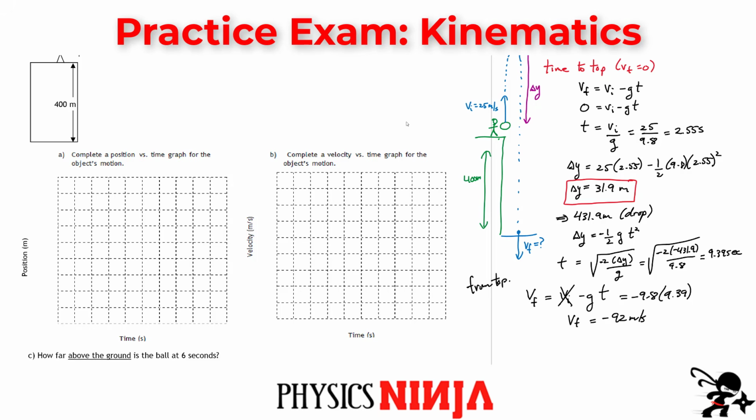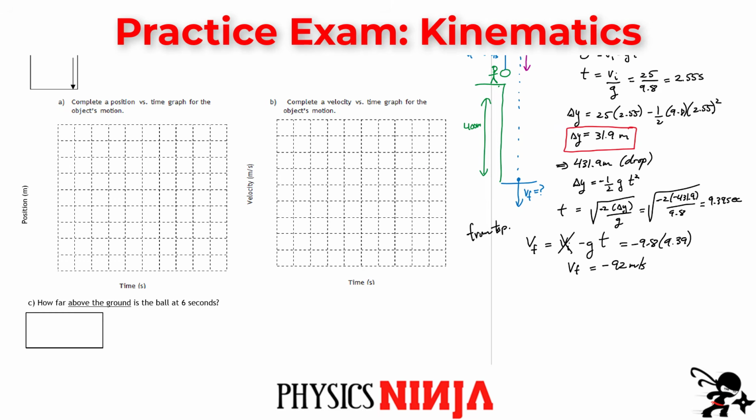Okay. Another way I could have done that one is using one of the kinematic equations. Kind of an alternate solution here. You might have chosen just to use this one, v final squared equals v initial squared, minus 2 times the displacement times little g. If I was going to do that one, my final velocity.